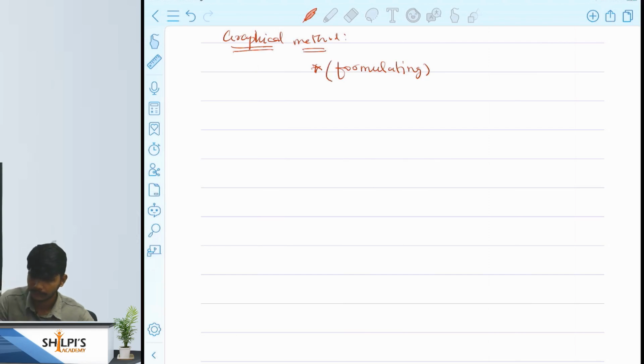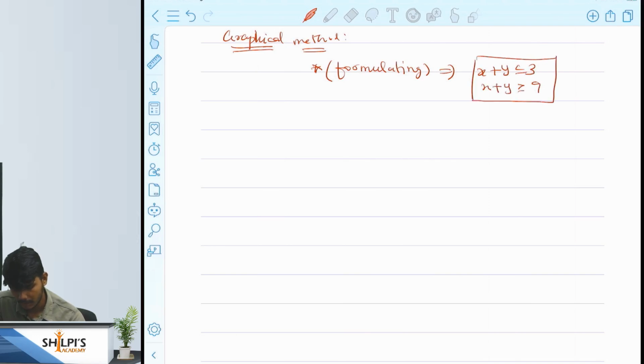Formulating means creating an algebraic structure like this. From the given problem, we have to construct these kinds of equations. That is what the term formulating means.